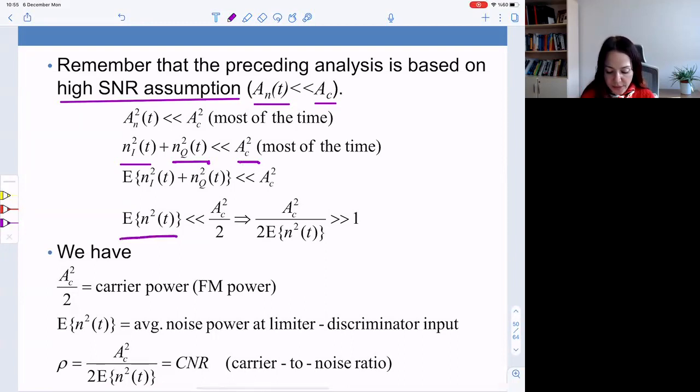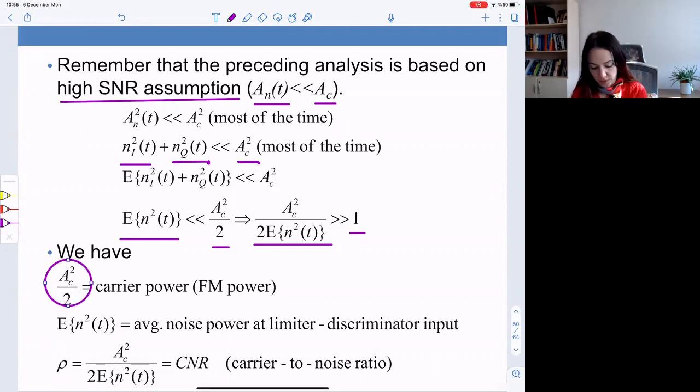And expectation of N squared is much less than AC squared over 2, which means AC squared over expectation of N of t squared is much larger than 1. Notice that AC squared over 2 is the carrier power. And expectation of N squared is the average noise power at the limiter discriminator input.